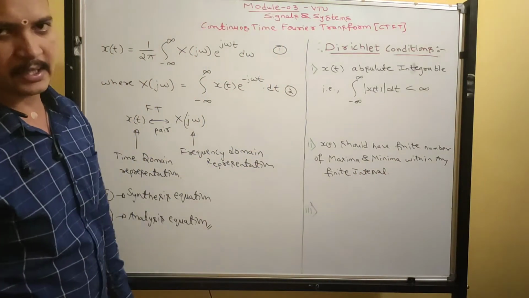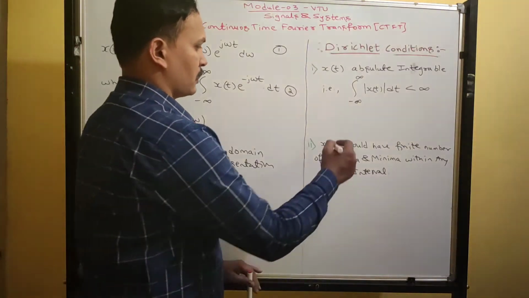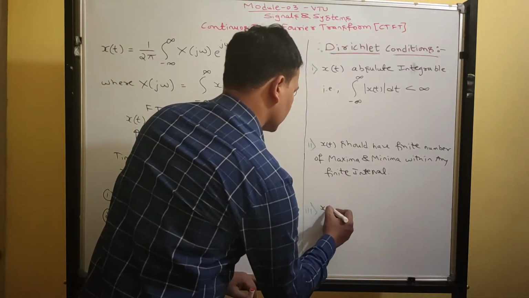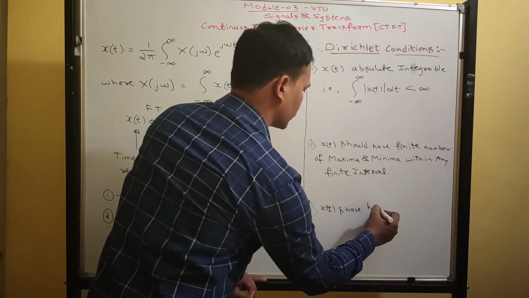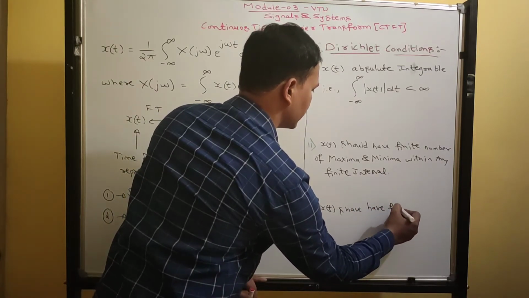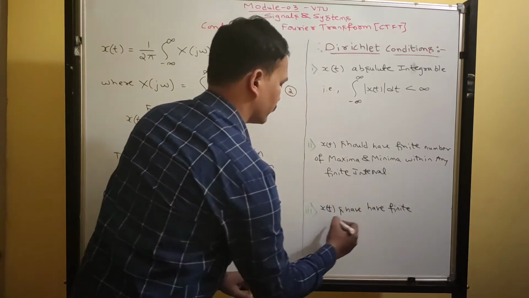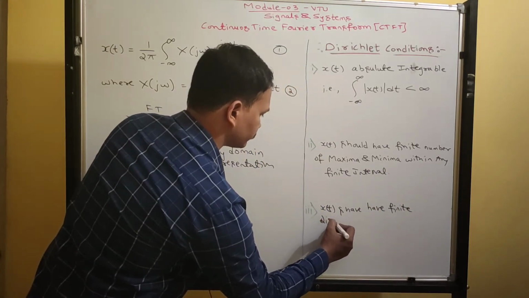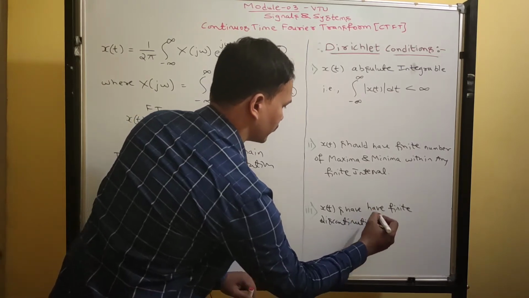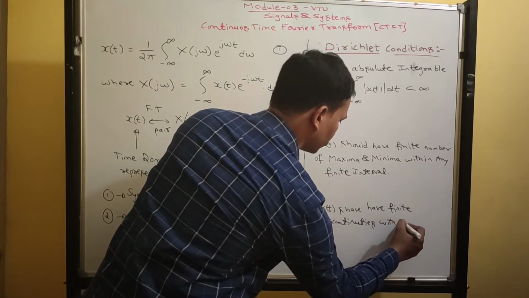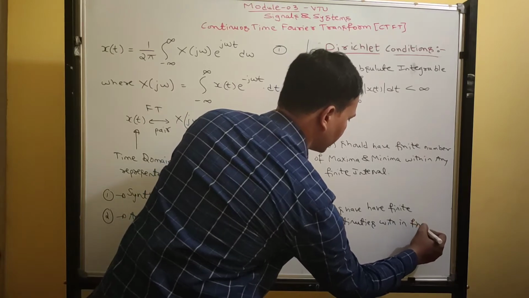This is the second Dirichlet condition. Next, the third condition is x of t should have finite discontinuities within a finite interval.